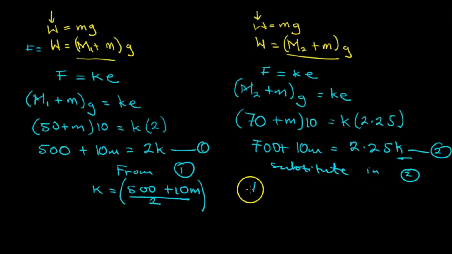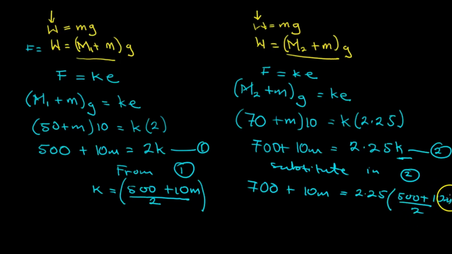So this gives me 700 plus 10m equals 2.25, and k is now 500 plus 10m divided by 2. So we expand.